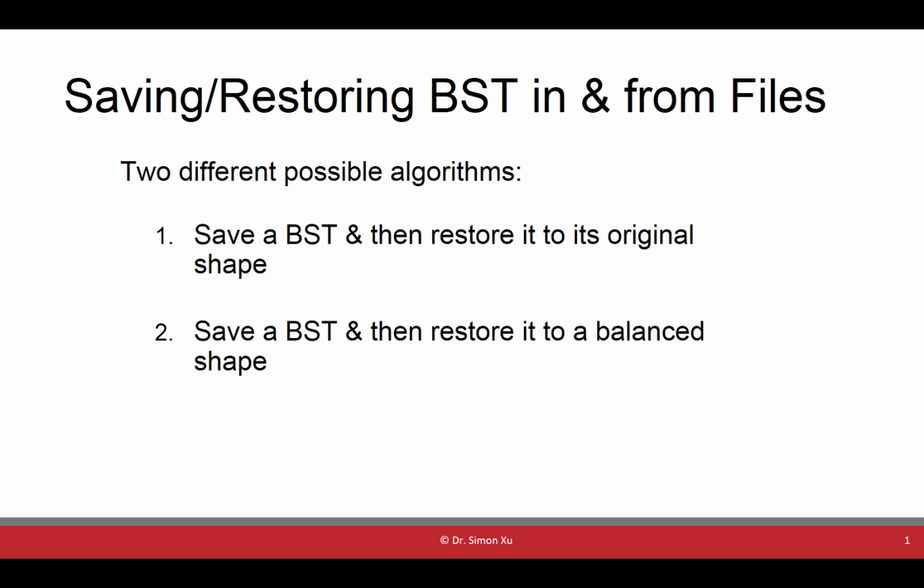So how to store the data from a binary search tree into a sorted order in the file? In-order traversal. That means we need to perform in-order traversal on a binary search tree and then save one data by one data into the file.